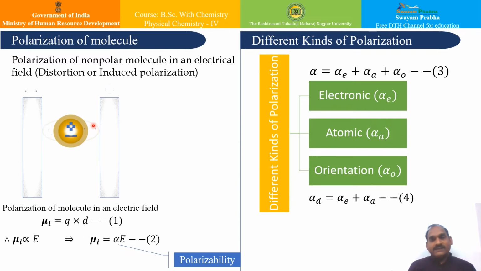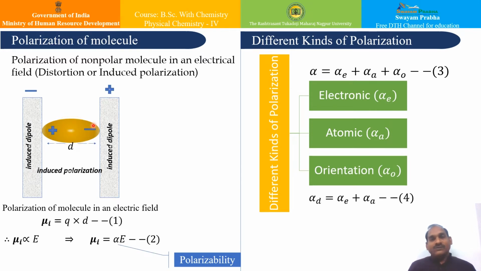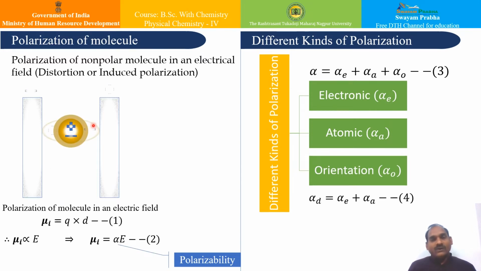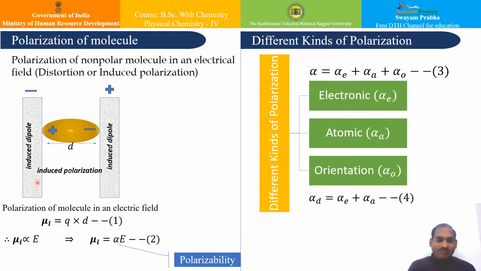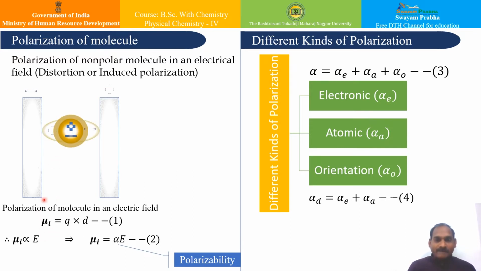That is why this type of polarization is also called induced polarization, and the electric dipole formed is called an induced dipole. The dipole moment of the induced dipole is called the induced dipole moment, represented as mu I. Look at equation number 1.